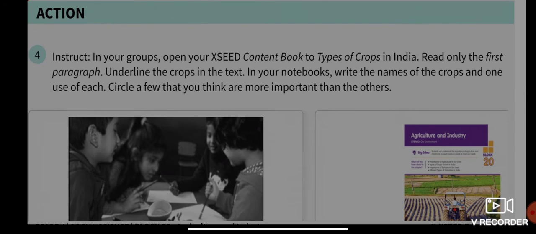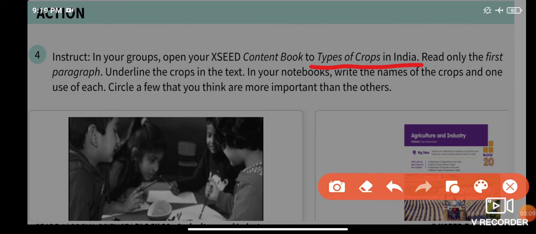I want all of you to open your content book to types of crops in India. Read only the first paragraph, and after reading, underline the crops in the text.